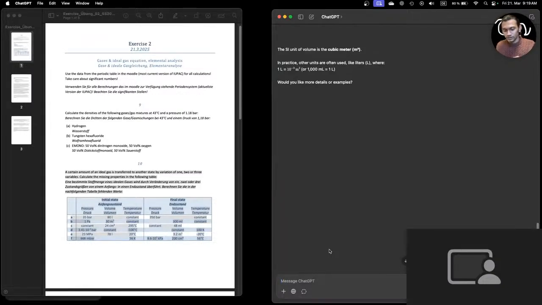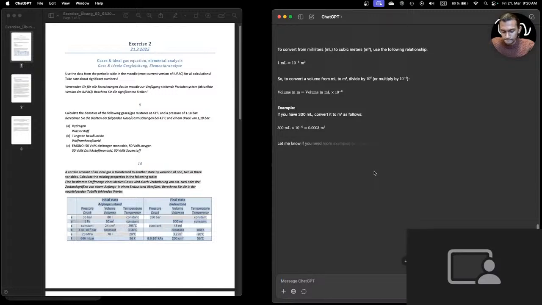So I'm converting milliliters to cubic meters.